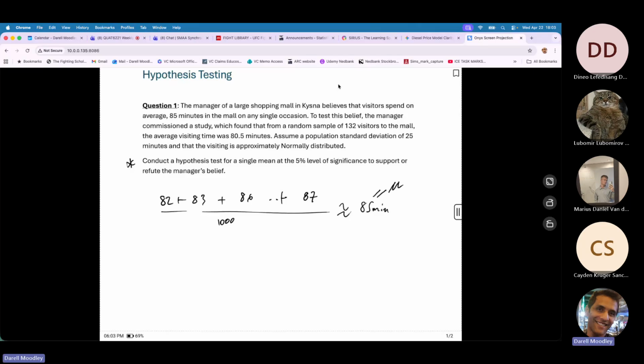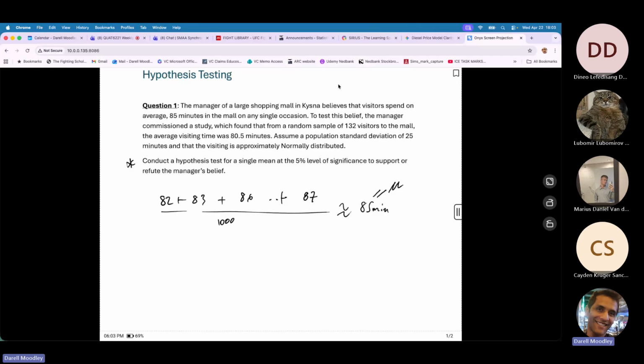Now the thing is, he claims this, but we need to test this statistically. And we have to do it statistically because we have data to back it up. It can't just be like, for instance, if you had to go to the mall and count the number of customers for, say, that visit in, say, the afternoon.